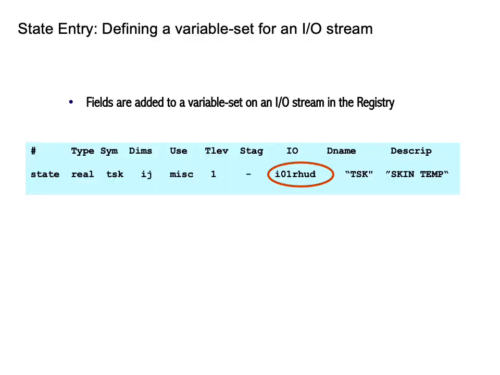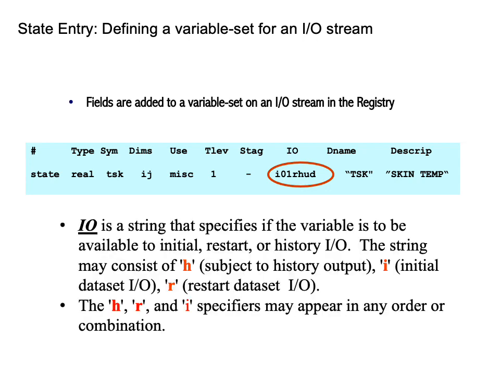We mentioned that the IO portion of the registry is overloaded. It handles both pieces of information for input and output, and it also brings in information for nesting. There are 3 letters associated with the input and output.